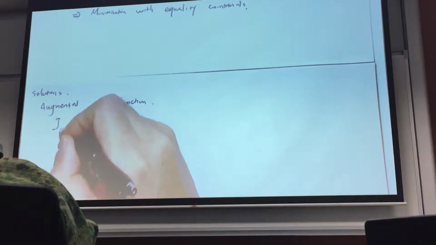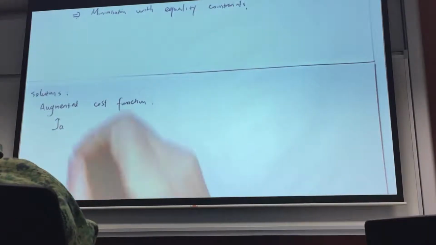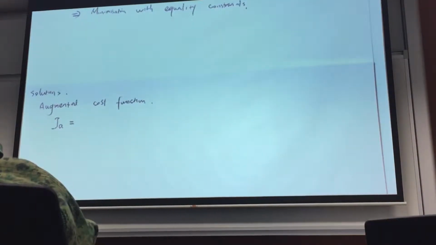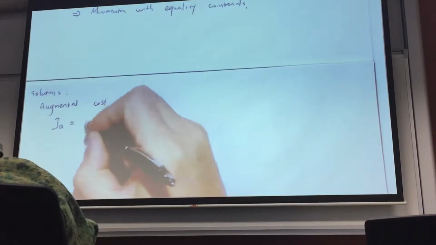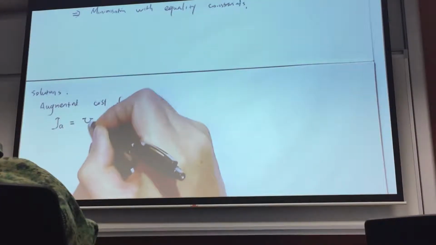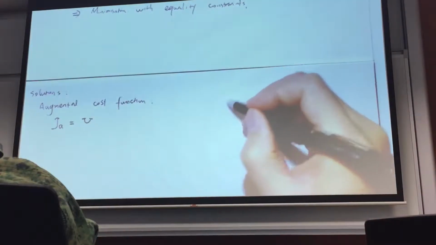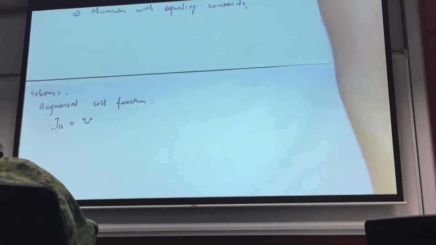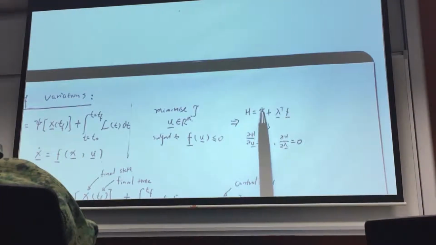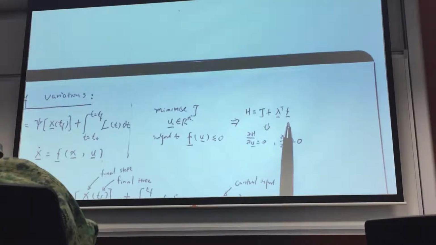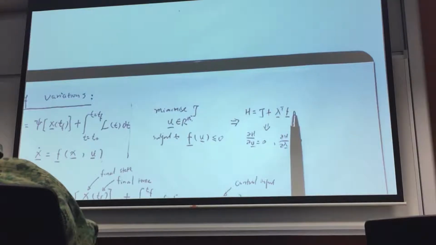So we define this J_A is equal to, we know the J_A is in the format like here. So we augment the cost function by using the original cost function and the Lagrange multiplier with the constraints.